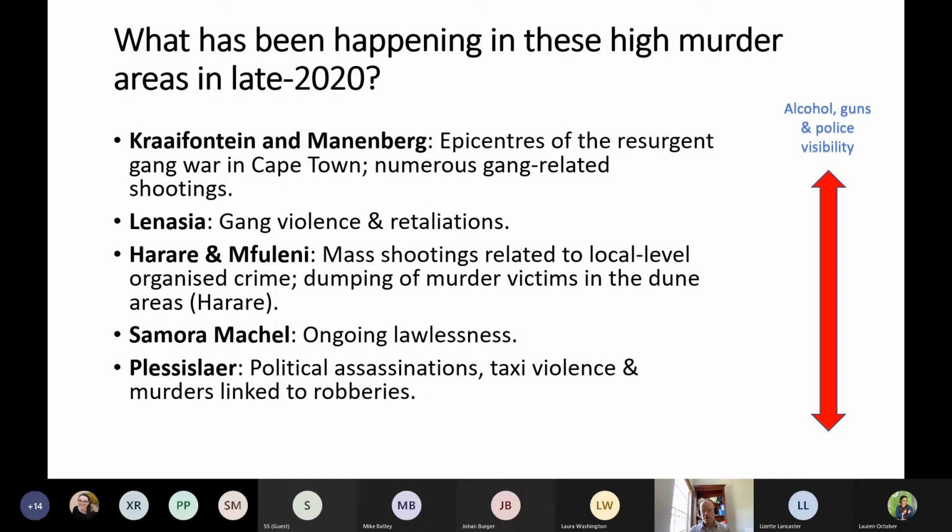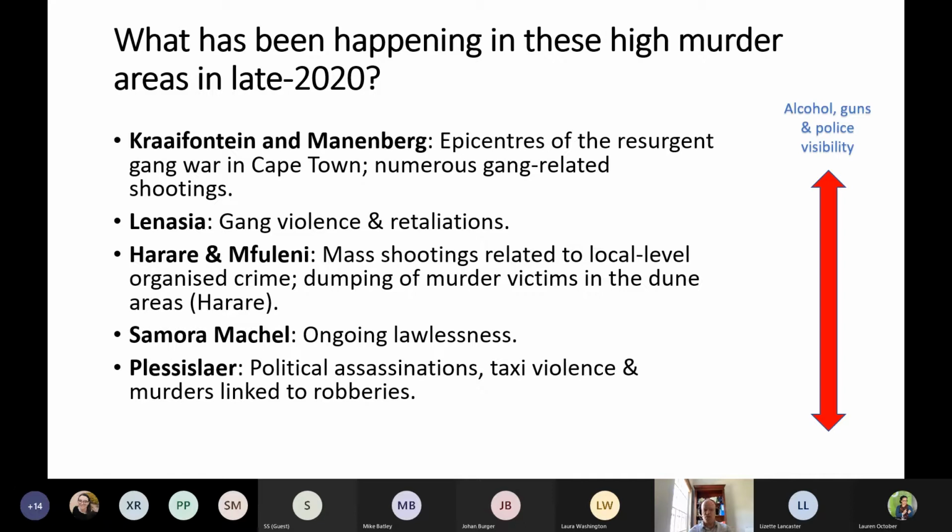Then, particularly in Harare, for those familiar with Cape Town, the Harare policing precinct borders on a nature reserve area, dune reserves along the coast off Baden-Powell Drive. There aren't any developments there, and it's very easy to dump and hide a body there. So a number of bodies certainly were found for murder victims in the latter part of 2020.